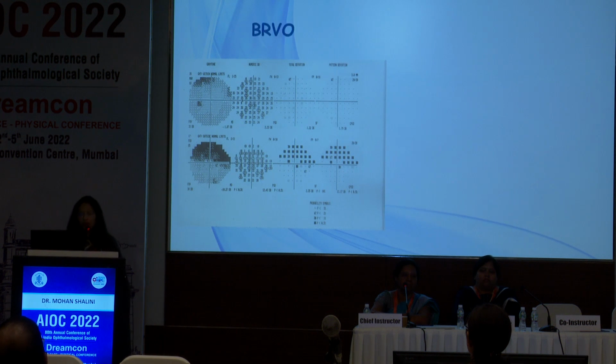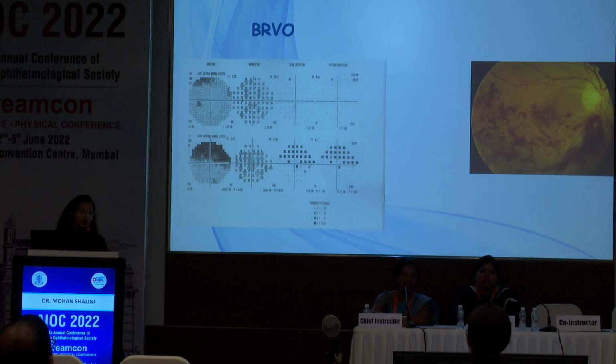So we dilated the patient and what we found was there was a large BRVO in this particular patient. The thing is that you should always examine the fundus whenever you are suspecting something more than simple progression.